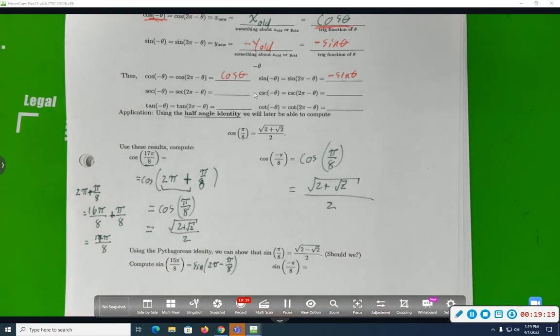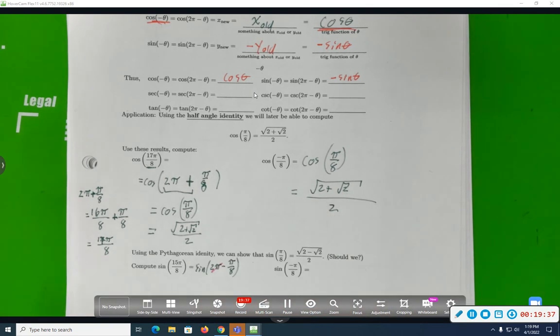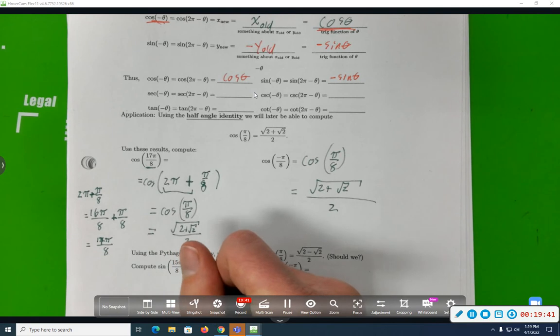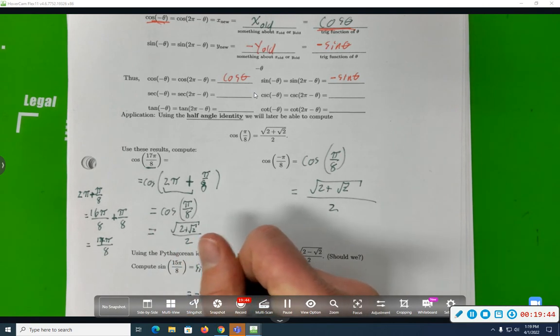All right, what happens to sine when you replace an angle by 2 pi minus that angle? Negative. It becomes negative. Right, the 2 pi itself doesn't matter, but sine is odd. So maybe all of the intermediate steps would be, well, first you would just drop the 2 pi. So now it's sine of negative pi over 8, which is negative sine of pi over 8.